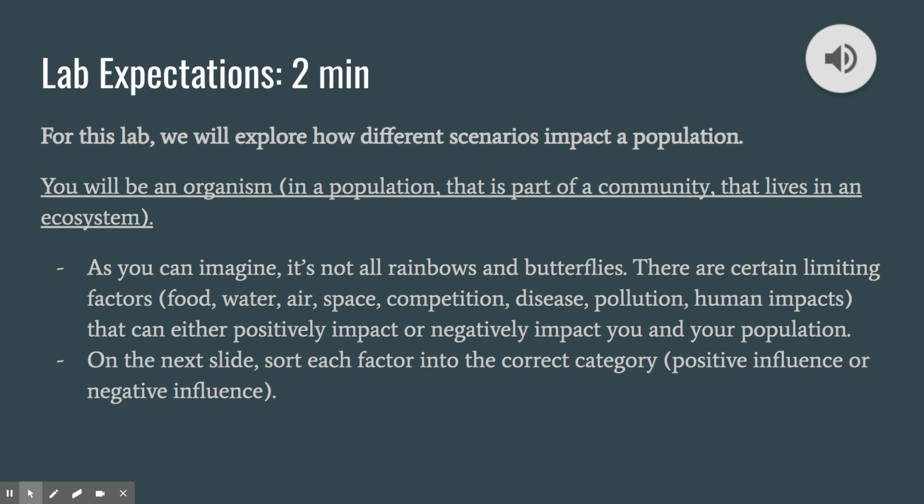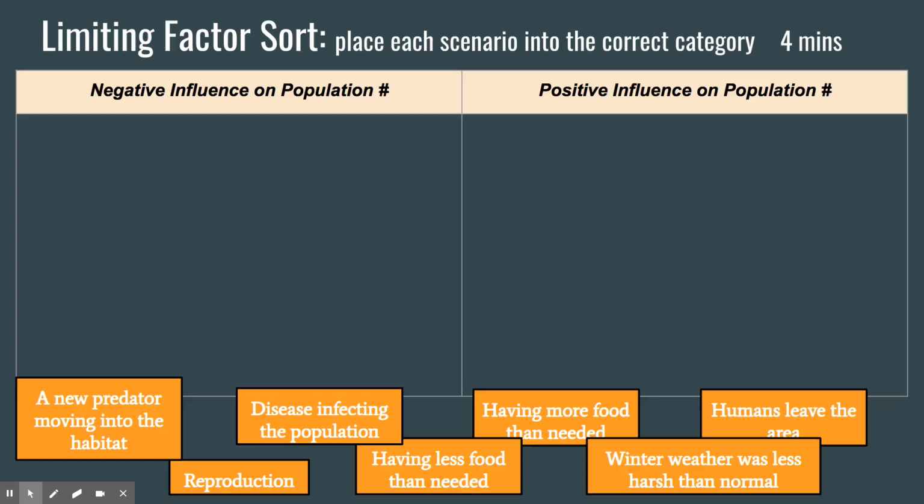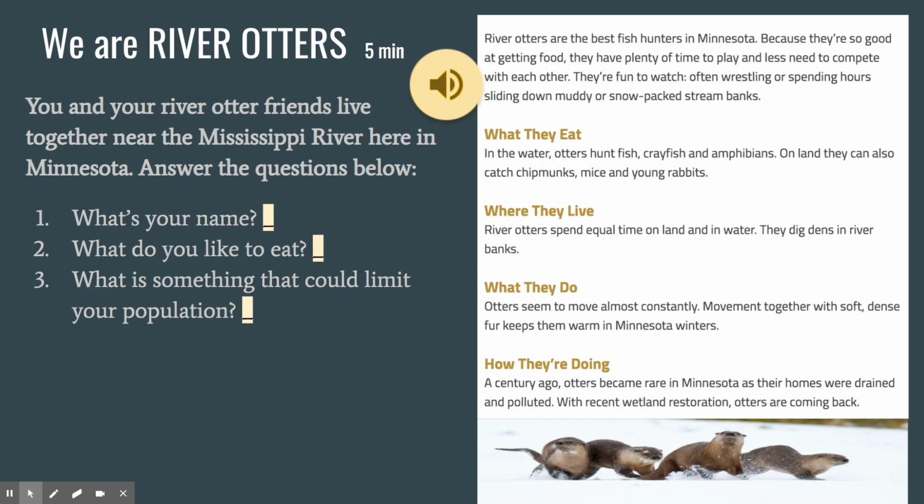As you can imagine, it's not all rainbows and butterflies. There are certain limiting factors: food, water, air, space, competition, disease, pollution, human impacts that can either positively impact or negatively impact you and your population. On the next slide, you're going to sort each factor into the correct category: positive influence or negative influence. So you're going to do that.